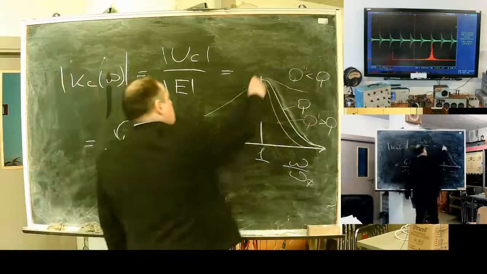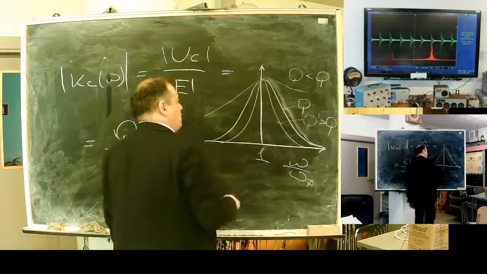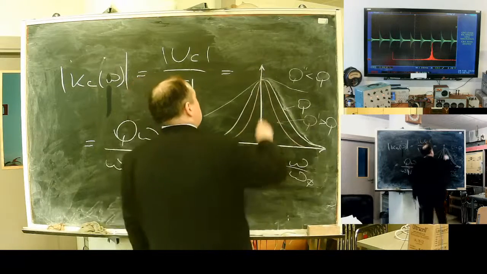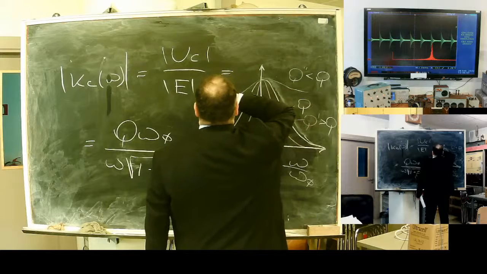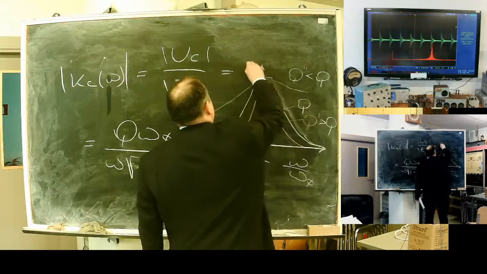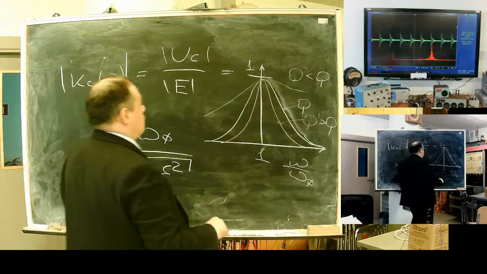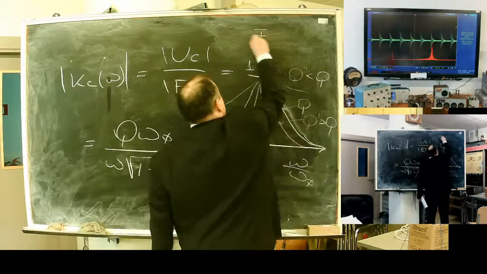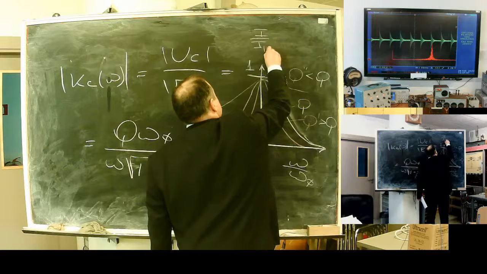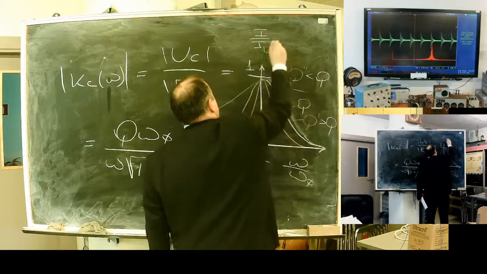It's a tradition. In relative values it is 1, usually the current against the current at the resonant frequency.